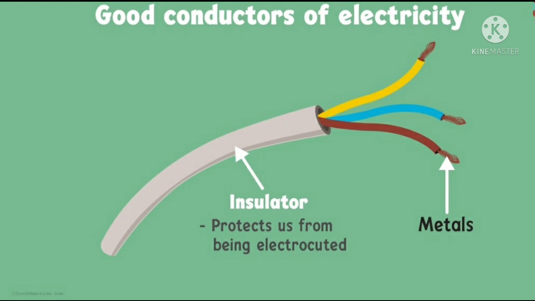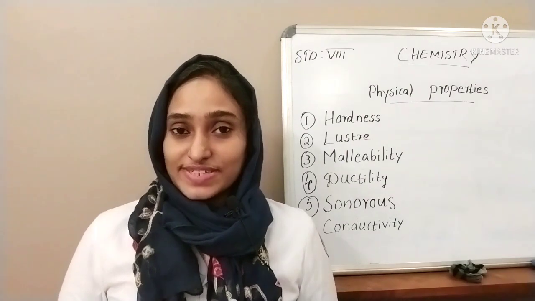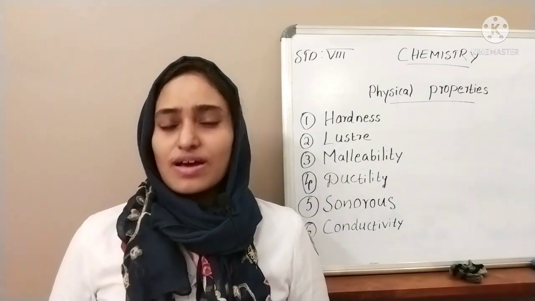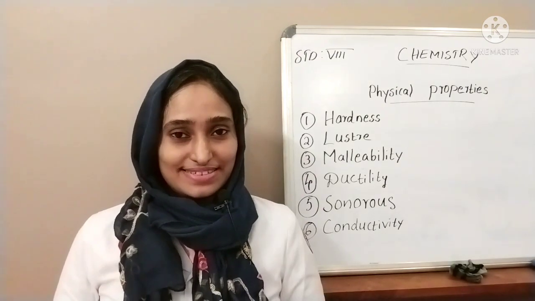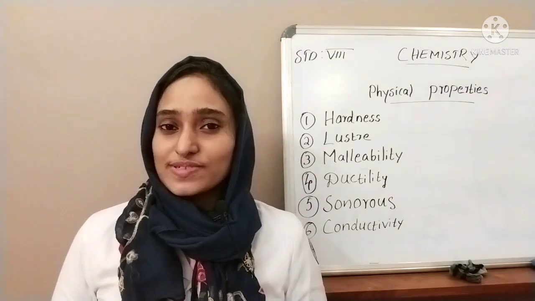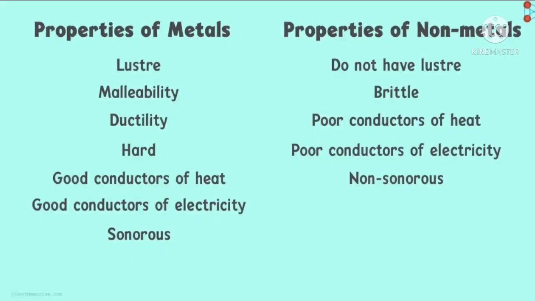And because they are good conductors of electricity, they are coated with a rubber-like material that acts as an insulator. Children, if these are the physical properties of metals, what will be the properties of non-metals? Yes, it is just the opposite of the physical properties of metals. So, we can differentiate the properties of metals and non-metals.